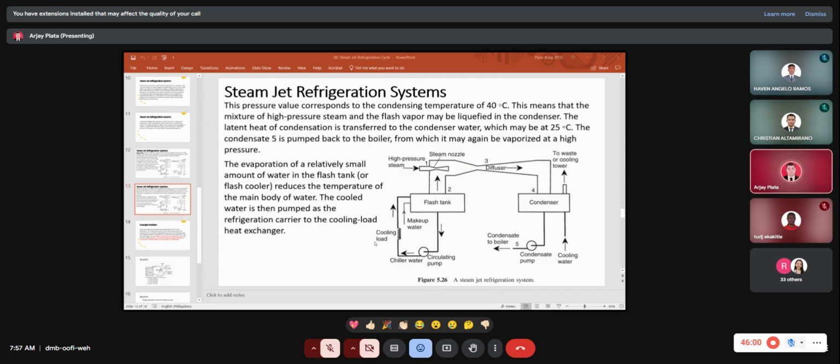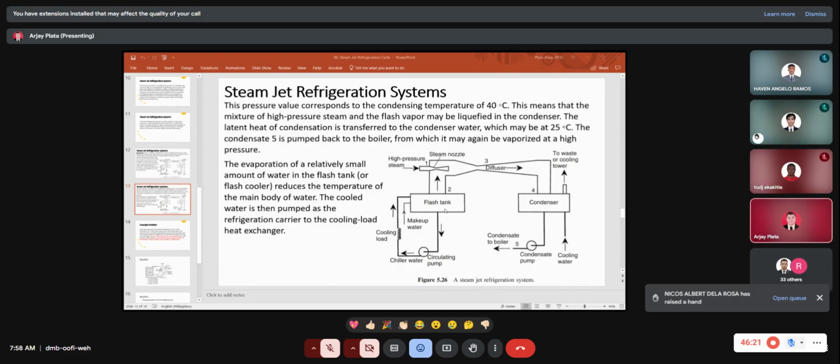So what do you think is our objective here at the flash tank? So as we all know, the flash tank stores the liquid or the water here. Yes, Albert. To separate steam and condensate.